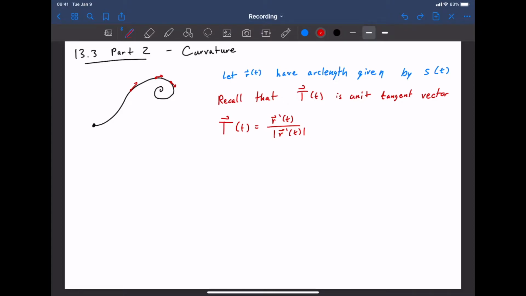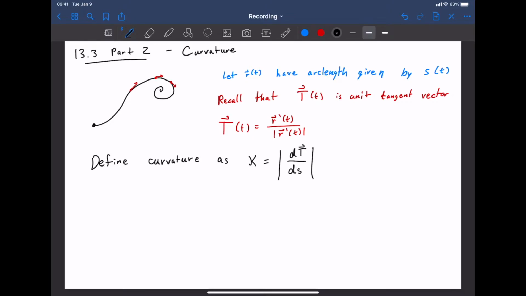So we're going to define curvature as a letter kappa. So it's a Greek letter K. You probably can just write K and no one will notice. We're going to call it the length of the change in T, the change in the unit vector, divided by the change in the length.